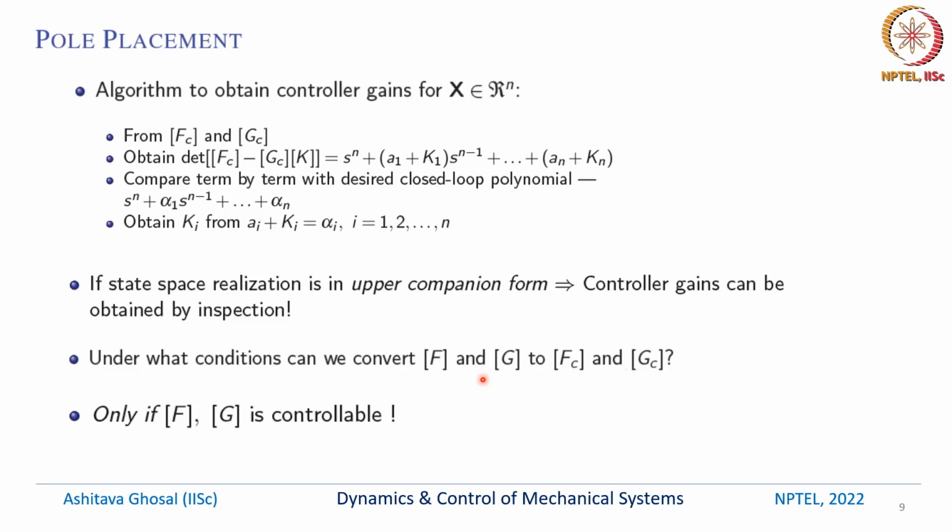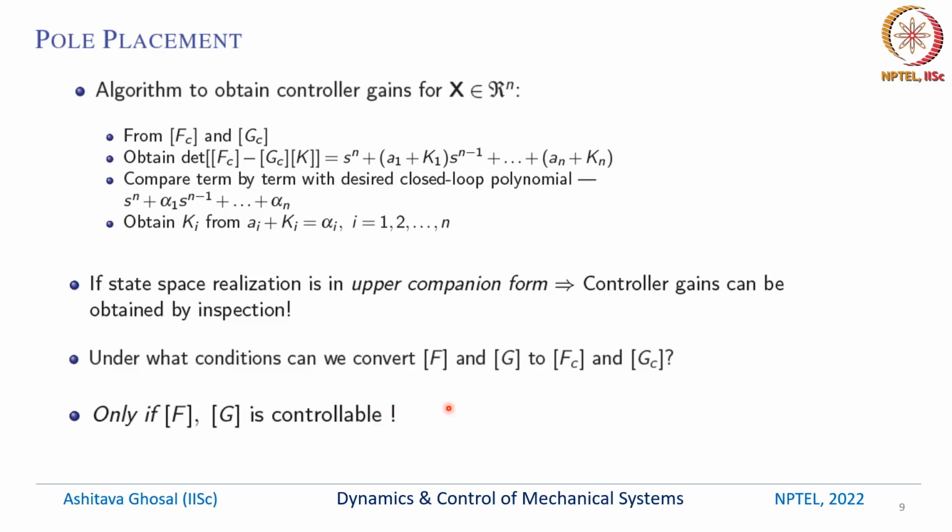It turns out that this can be done only if the system given by F, G is controllable. Remember, we had discussed something called controllability. We had discussed a matrix called the Kalman matrix QC, where the first column was G, the second column was F into G, and so on. If the rank of that matrix is n, we said that the system x dot equals Fx plus Gu is controllable.